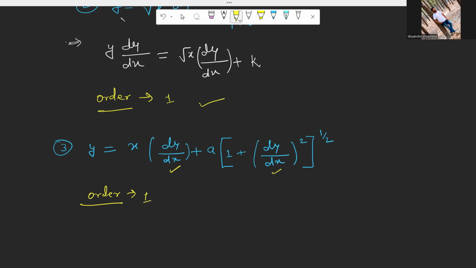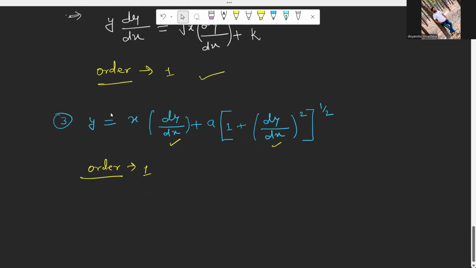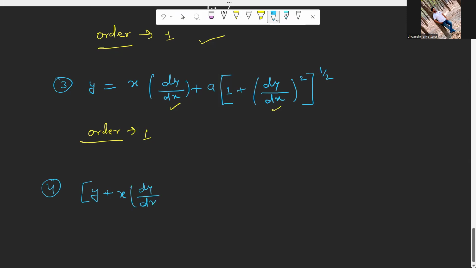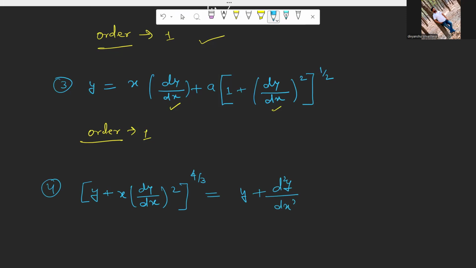Now the next question, which asks for the order, is for your homework. The question is y plus x (dy upon dx square) to the whole power 4 by 3, which is equal to y plus d2y upon dx square. Try to find the order of this question.